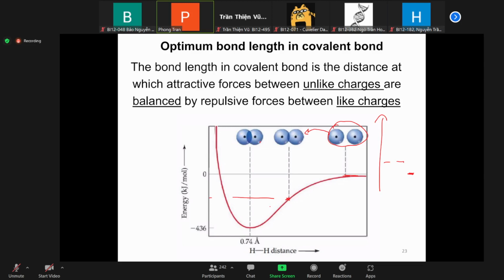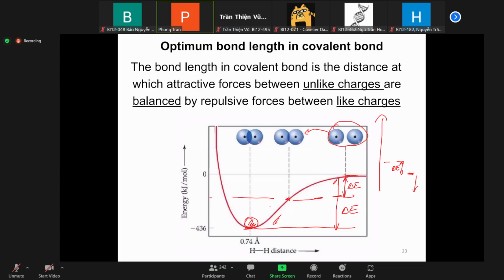When the atoms get closer and reach the optimum, making higher overlap, the energy decreases further. So you decrease in the potential, and at the optimum distance, that means you create a stable bond, the energy here will be the lowest one. So here you gain a huge amount of energy compared with the case when the two atoms are separate, freely individual.